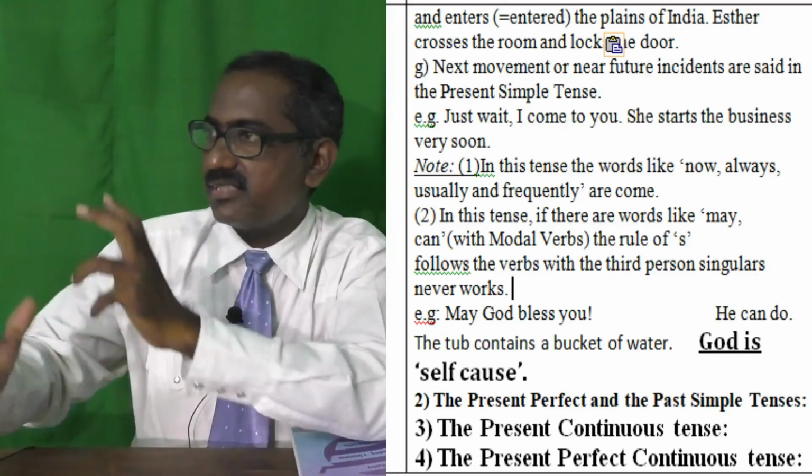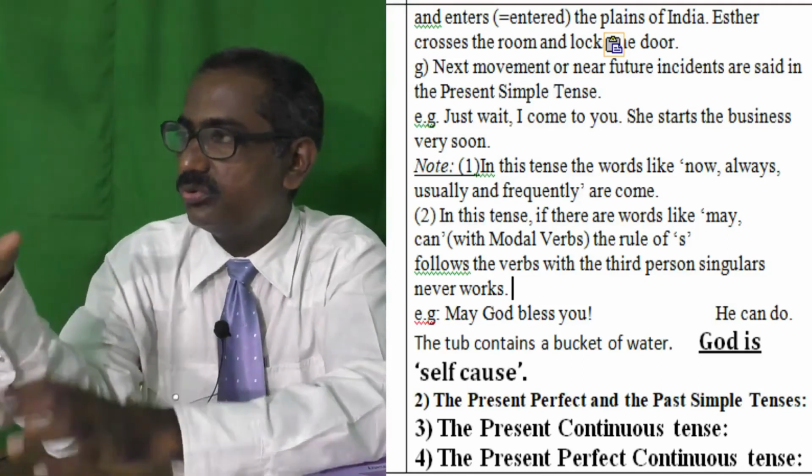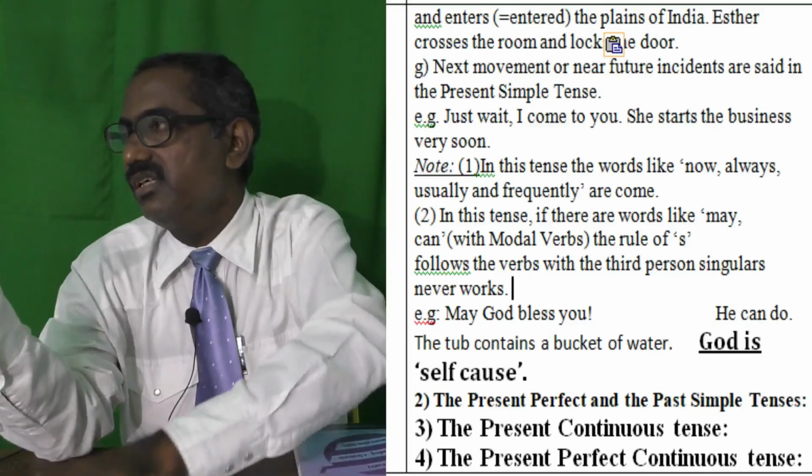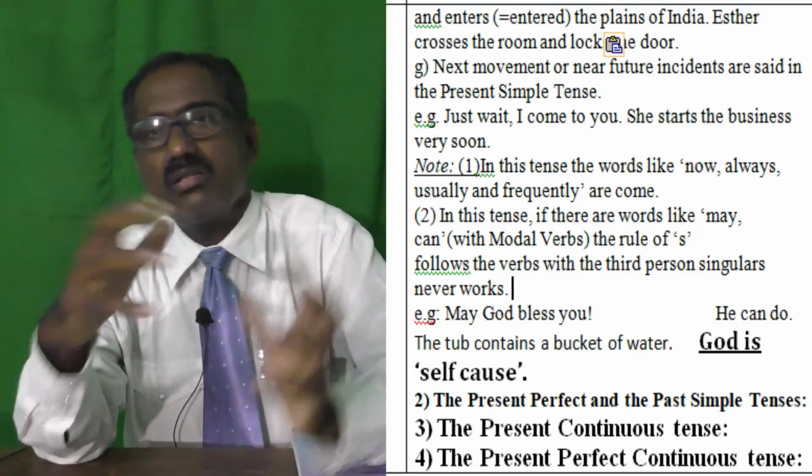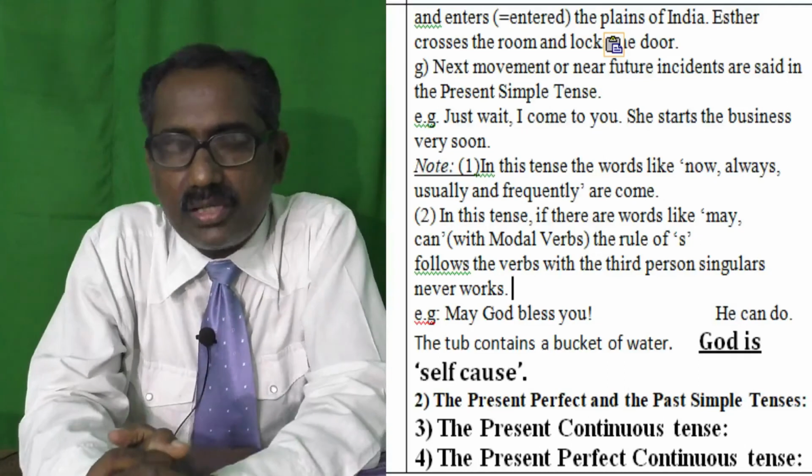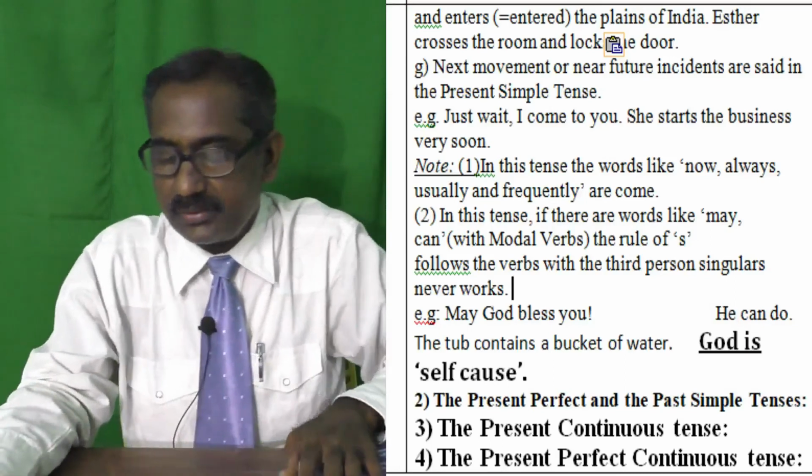That means the director is explaining what the character should do and how to act in that situation. He need not use all the tenses to explain the situation. That is the thing you have to understand.